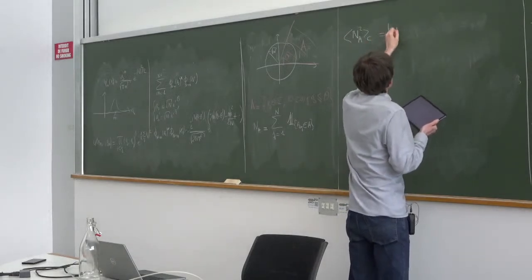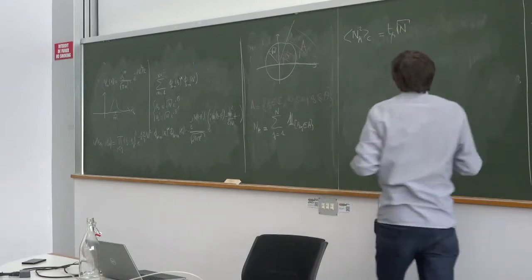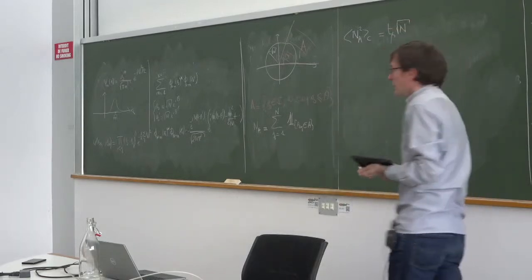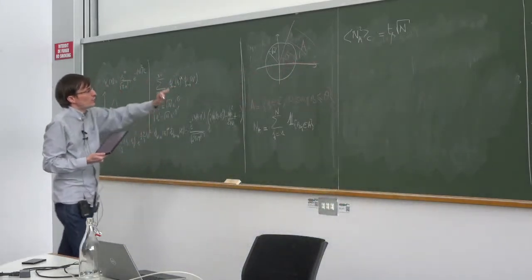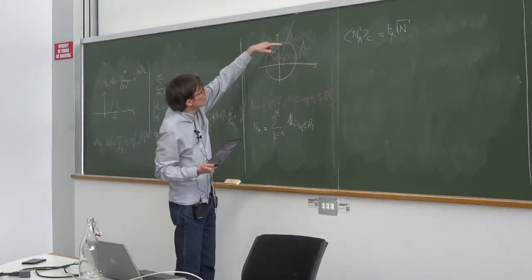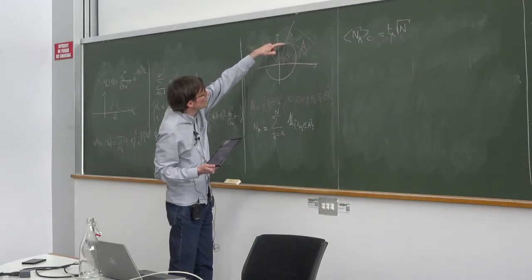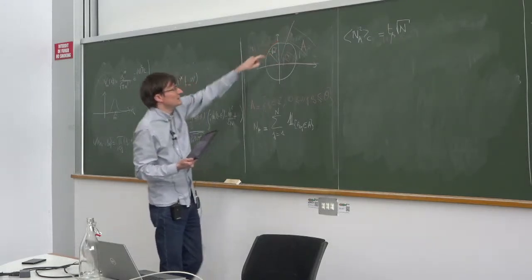So the leading contribution will be square root of n, and in physics it's called the area law. Why? Because the particles fluctuate, and to the leading order, what matters are the fluctuations near the boundary between A and its complement.